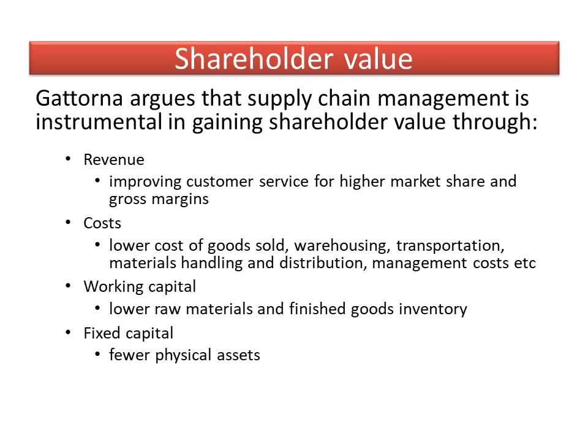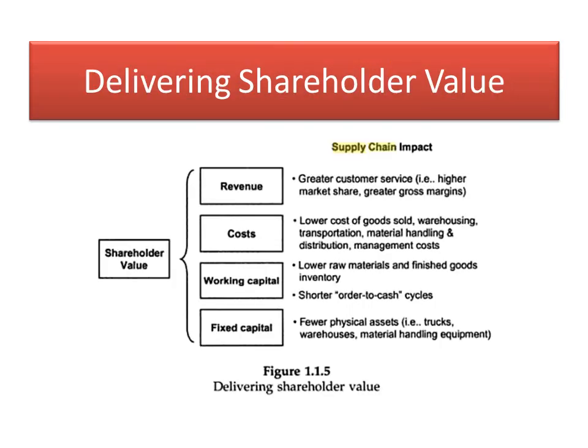Key to the case study is shareholder value, and Gattorna, who's quoted in the study guide, talks about how supply chain management can help give shareholder value by increasing revenue, improving customer service, lowering costs, reducing working capital by lowering materials and finished goods, and controlling fixed capital, the amount of money tied up in assets, so reducing the need for as many physical assets.